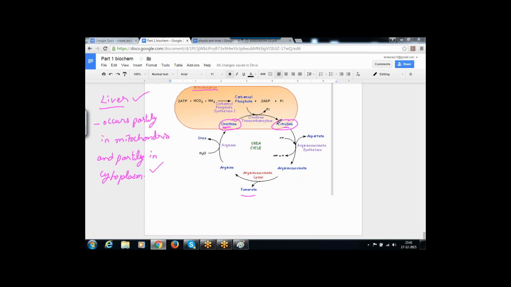And lastly, which is a quite frequent exam question, they ask you from which intermediate urea is finally formed. Urea is finally formed from arginine. Arginine finally splits into urea and ornithine. So from what is urea formed? Urea is formed from arginine. You know arginine is an amino acid. Remember histidine, arginine. We have been doing that.